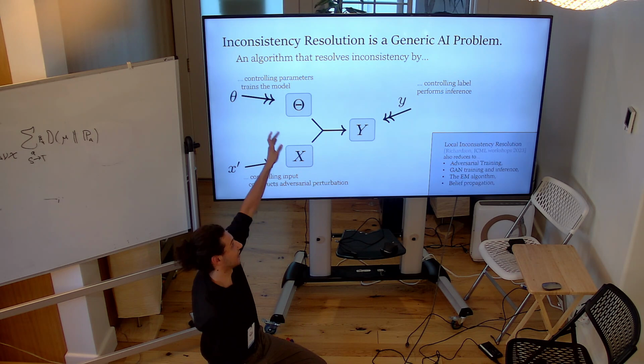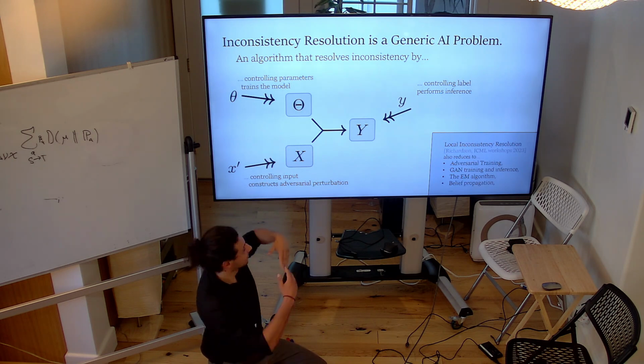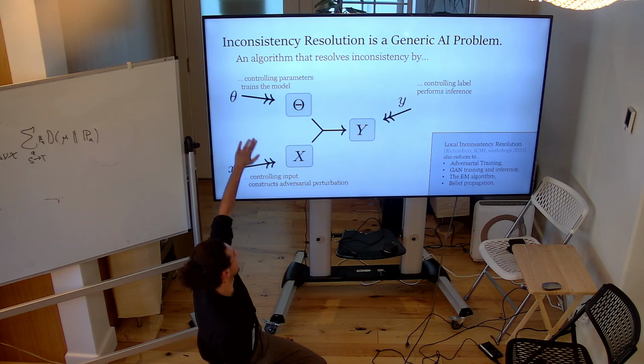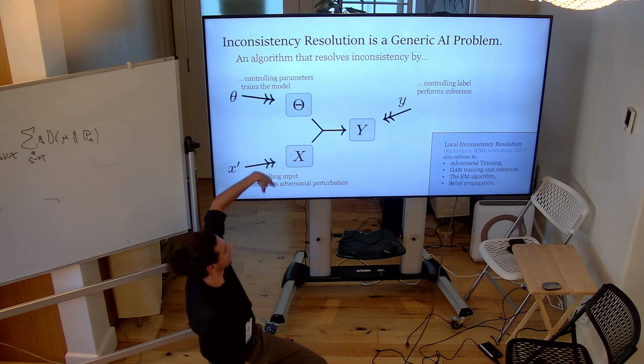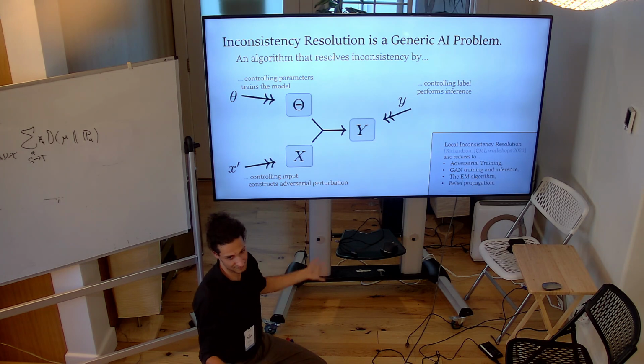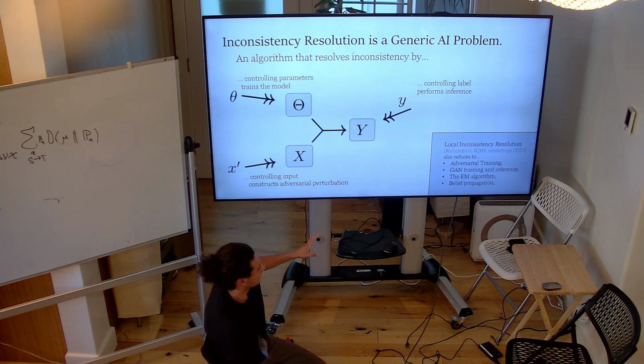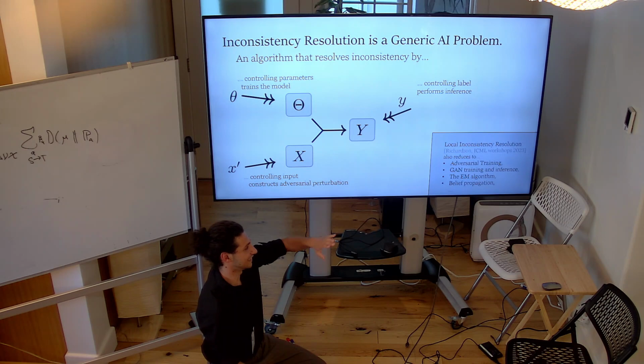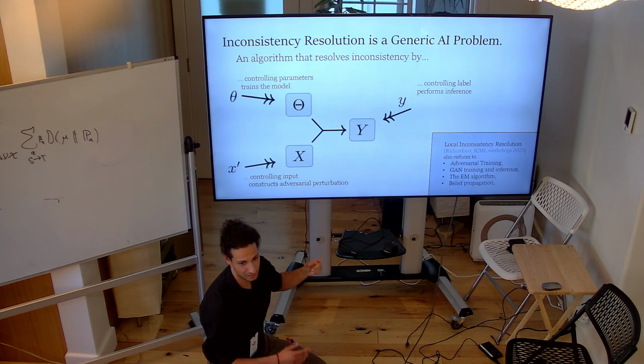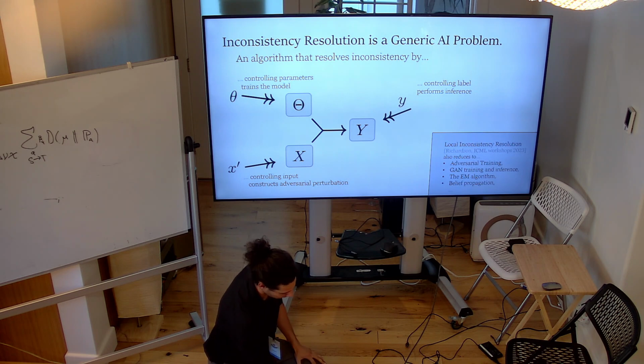That's just like a prior from before, so you can make this all very precise and then also switch between finding adversarial examples. If you switch between controlling these two things, that's adversarial training, which is a common defense against adversarial attacks. If you set things up right, you can get GAN training, the EM algorithm, even belief propagation as examples of inconsistency resolution in this way.